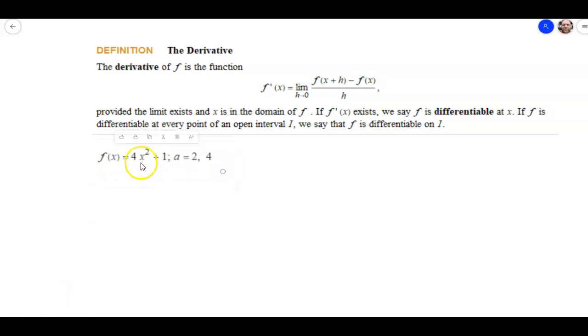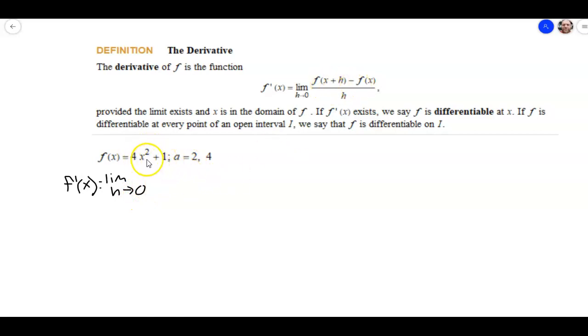All right, so we're going to start just using this definition here. So the derivative with respect to x is equal to the limit as h approaches 0 of f of x plus h.